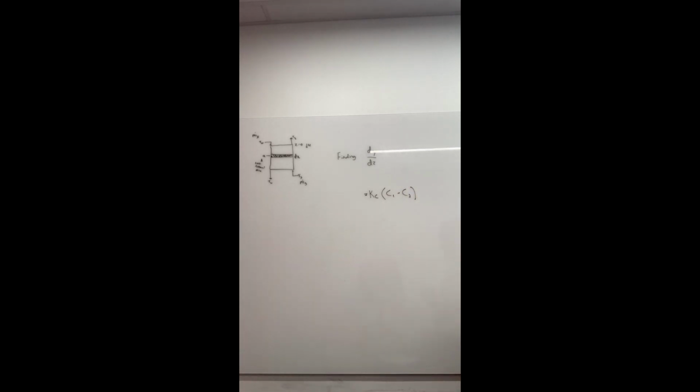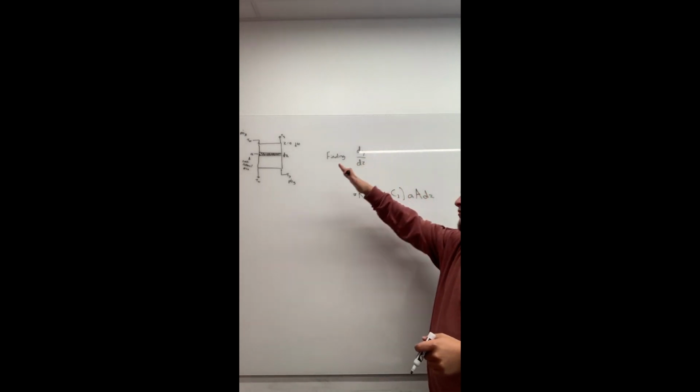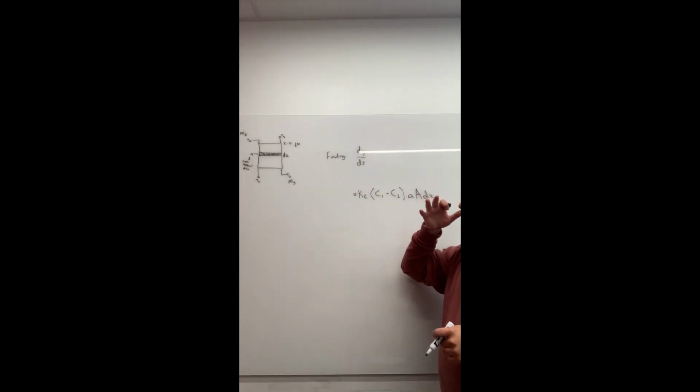And then we're going to have to find the area through which this is going. So it should be little a multiplied by big A dz. That should get the length also. So that's not only this part, but it's also this part.